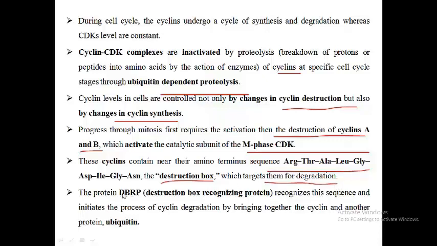The protein DBRP, destruction box recognizing protein, present in the cell is activated by the activated cyclin CDK complex, as we saw in the previous figure. That activated DBRP recognizes this sequence of cyclin and initiates the process of cyclin degradation by bringing together the cyclin and another protein, ubiquitin.